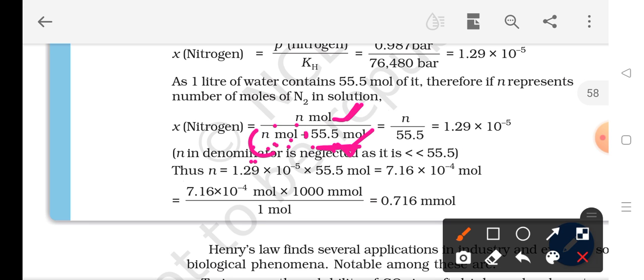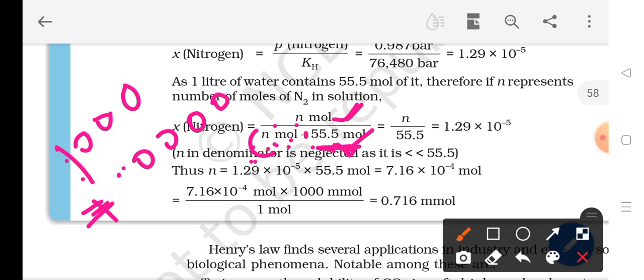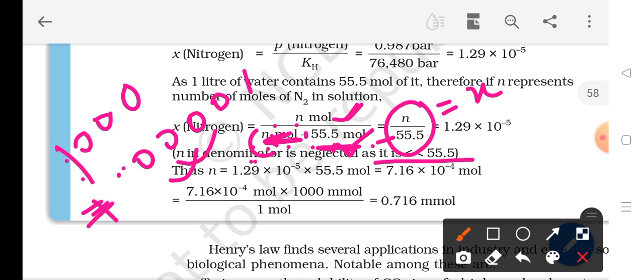Just as if you have to add 0.00001 to 1000, then you should ignore it, right? Same here, the value of n is far less than 55.5, so we ignore n in the denominator, and n by 55.5 equals x, and we get the value of x from here.